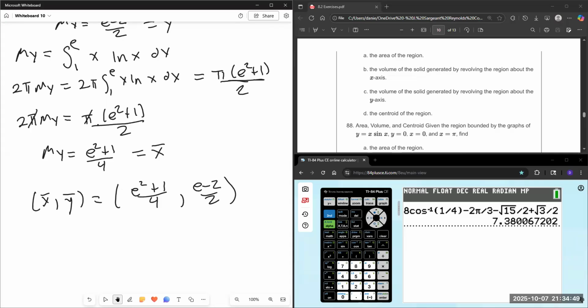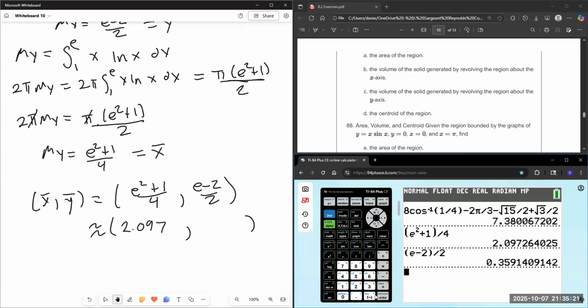And let me approximate that for you here. e squared plus 1 divided by 4 is 2.097, and e minus 2 divided by 2 is approximately 0.359.